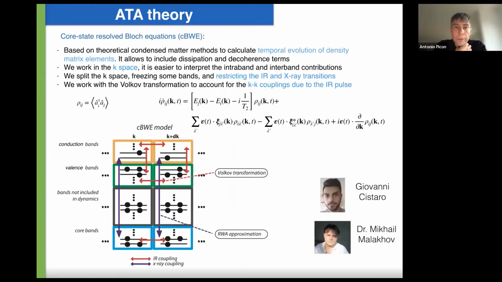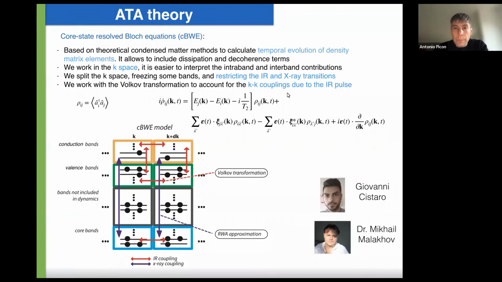So what we do is the following. We treat the system and we evolve it, but what we evolve is actually the reduced density matrix. So we derive the equation for the evolution of the density matrix. What we are going to obtain is some differential equations that look like this.